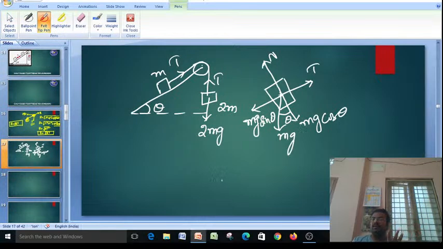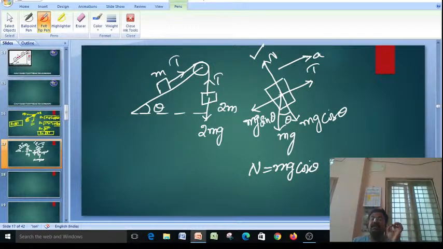Now the acceleration of the block is existing in this direction, let us take an assumption. The normal reaction is equal to mg cos theta, because mg cos theta is acting opposite to the normal reaction. Means it is balancing, one of the components, the cos component, is balancing the normal reaction. So that is one equation I got here.